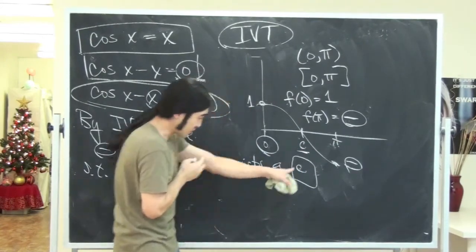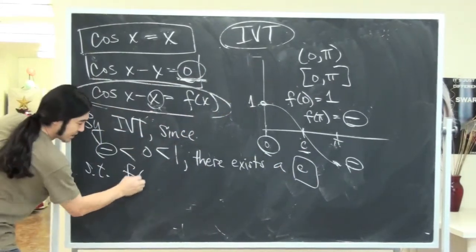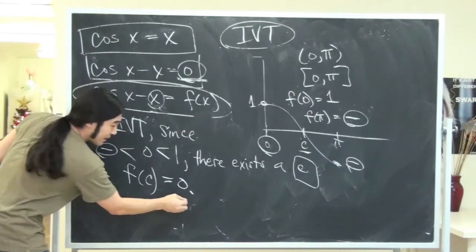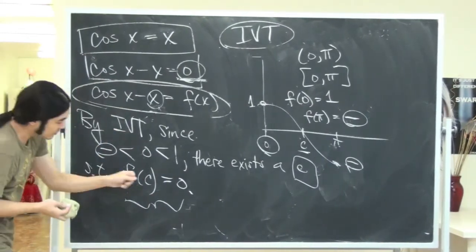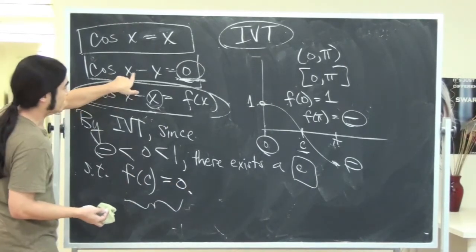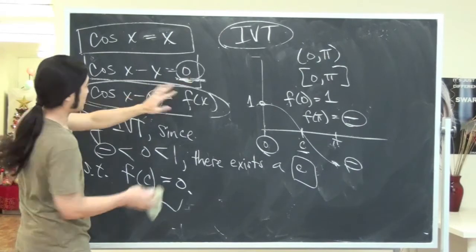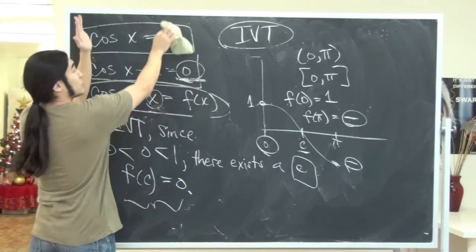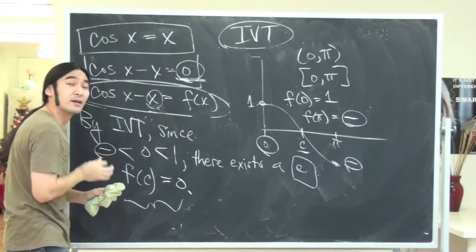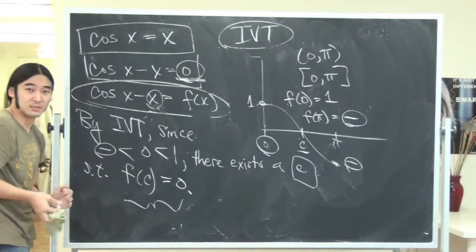There's some C value such that when you plug it in, f of C is equal to 0. Okay? But now you're done. Because now you know there's some C that will give you 0. Some C gives you 0, so you plug that C in, the answer would be 0, which means this equation works, which means there's a solution for this equation. Okay? And in this case, that solution would be C.